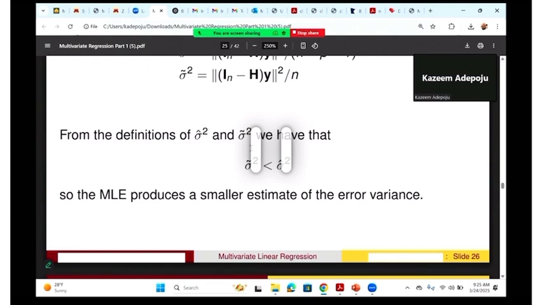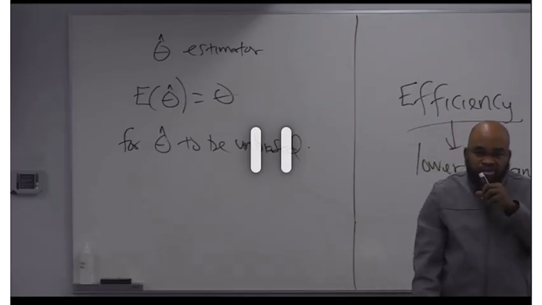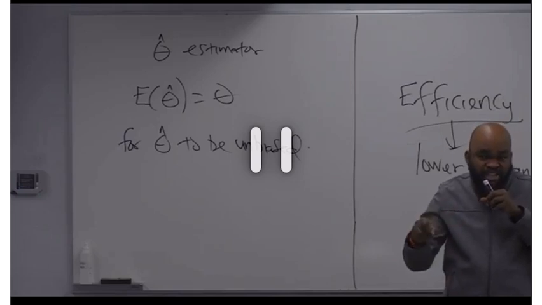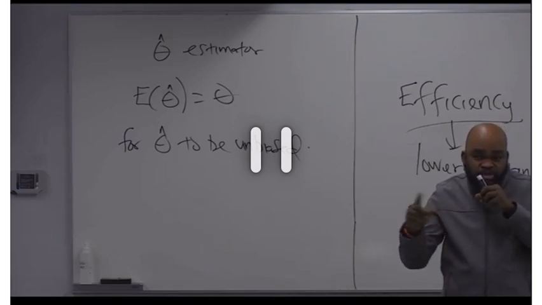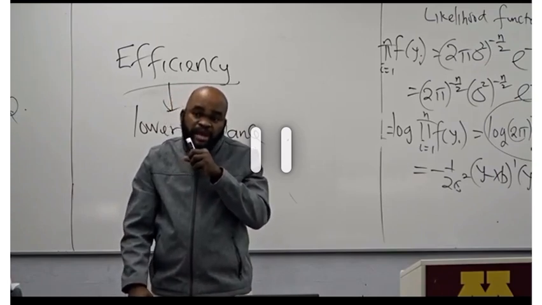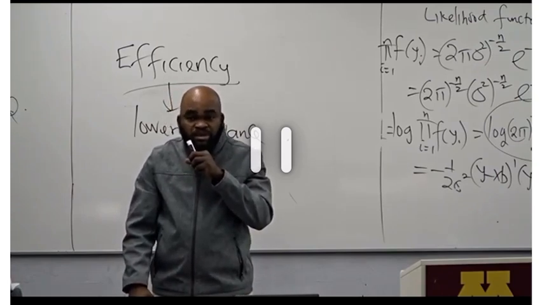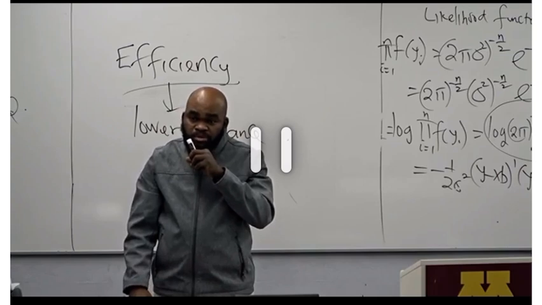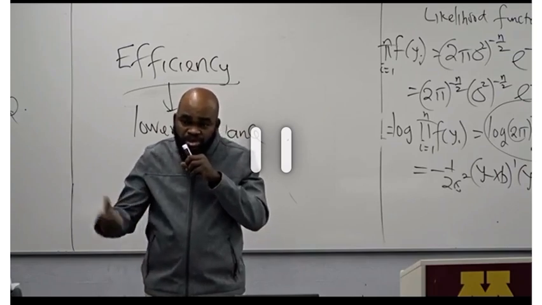But the one from maximum likelihood estimation is biased. When sample size is large, that bias can turn to 0, and when bias equals 0, it is unbiased. So it may be biased at small samples, but when sample size is large, it is unbiased.